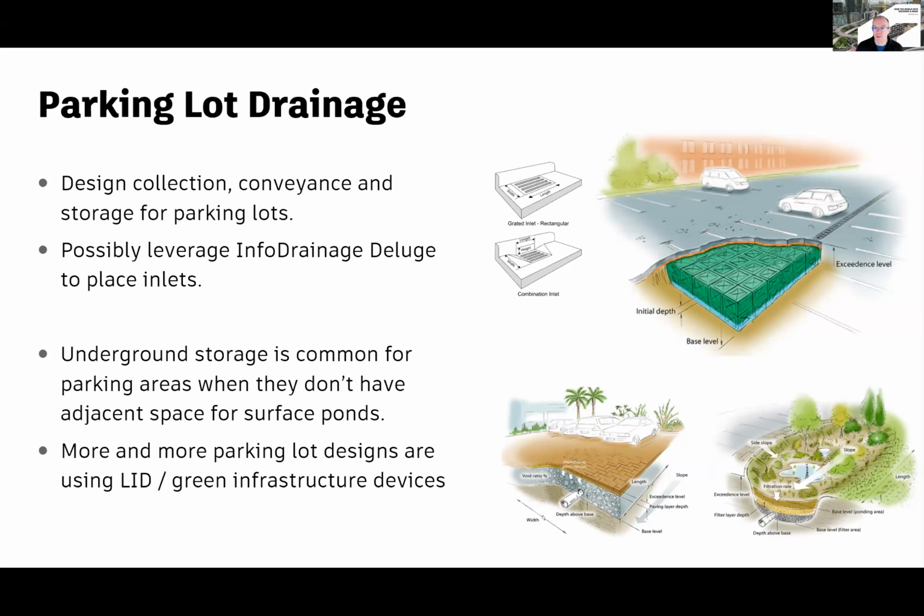Can you do all your storm and drainage analysis within InfoDrainage, or do you need InfoDrainage Ultimate? You can do all your stormwater drainage analysis within InfoDrainage. What InfoDrainage Ultimate adds right now is a connection to Civil 3D, so you can send your pipes and structures directly over into InfoDrainage, and then bring back some representation of ponds, storage, and channels into Civil 3D with Ultimate.